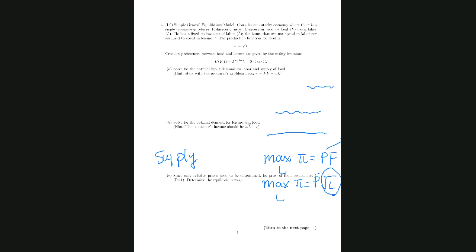Then you need to turn your attention to the demand side. And how do we find the demand? The demand is based upon the maximum utility of the consumer subject to the resource constraint or the budget constraint. And here, what is your resource constraint?